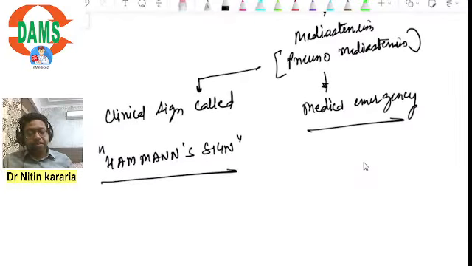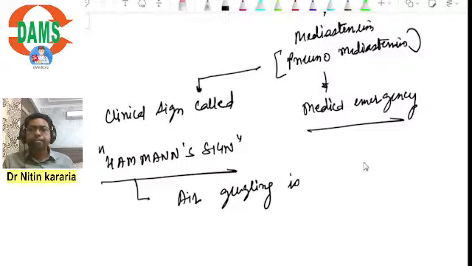Hamman's sign means air gurgling is heard on stethoscope.